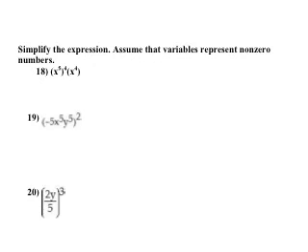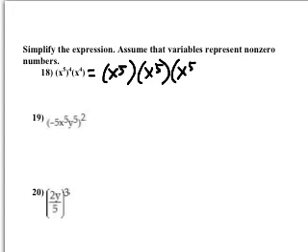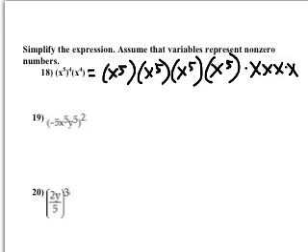But if we forget that, we can do this. We'll go x to the 5th times x to the 5th times x to the 5th times x to the 5th, and that's times x to the 4th, 1, 2, 3, 4.